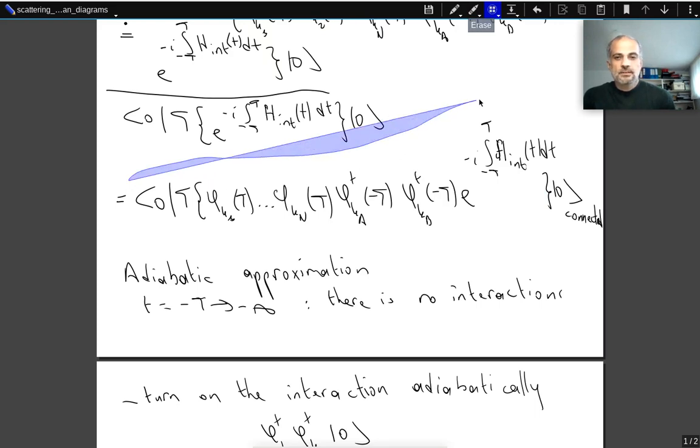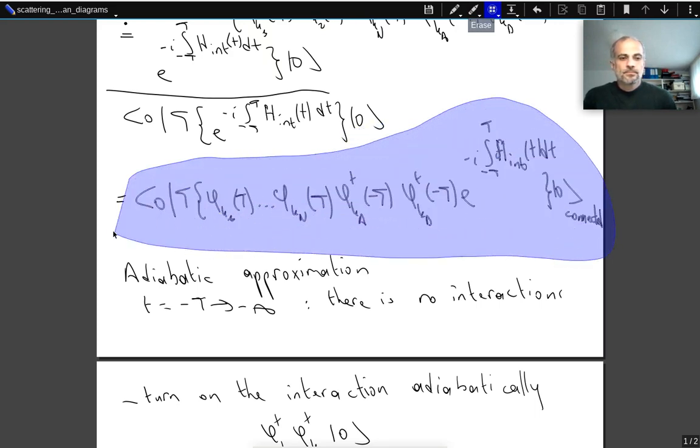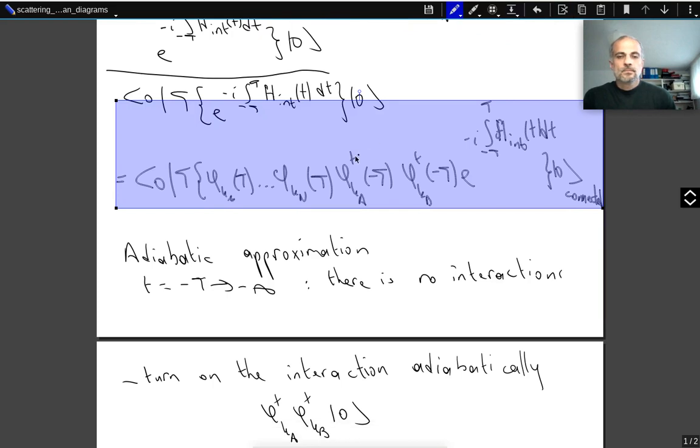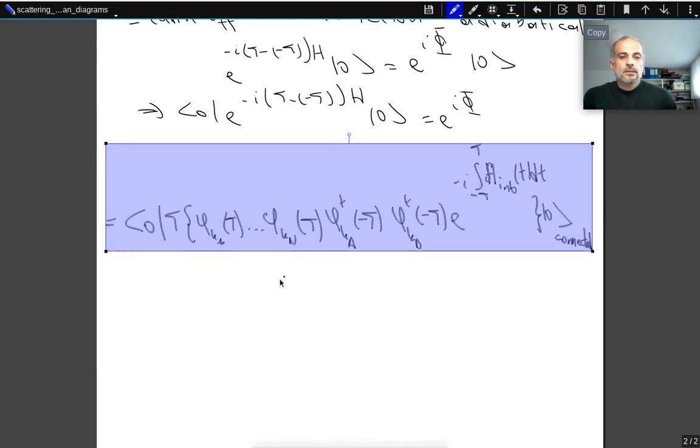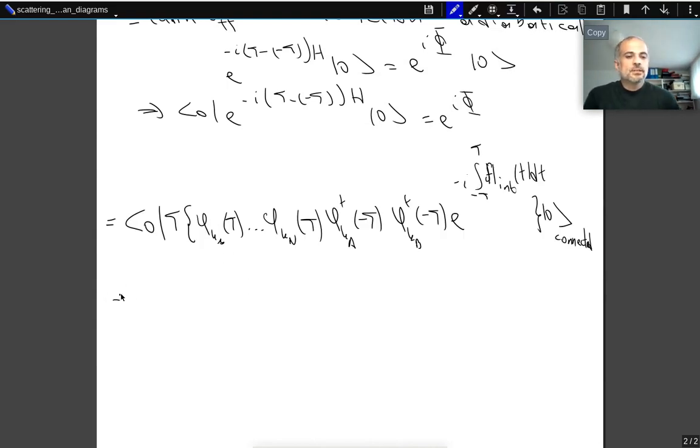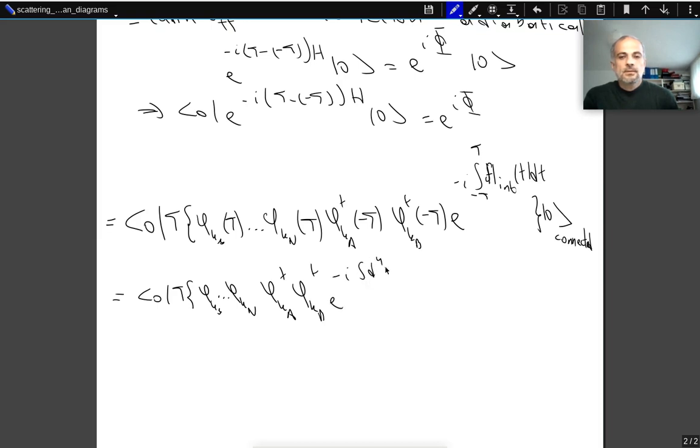So let me just take this, and I will take the limit that T goes to infinity. Let me just write it in this form: phi k_n, phi k_a dagger, phi k_b dagger, e to the power minus i, d^4x.